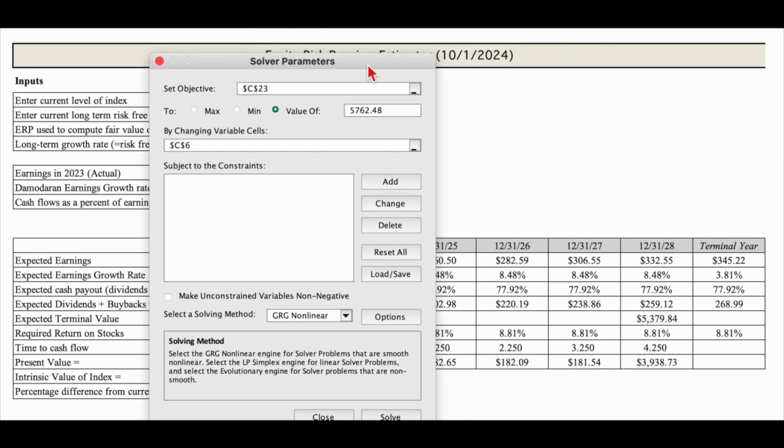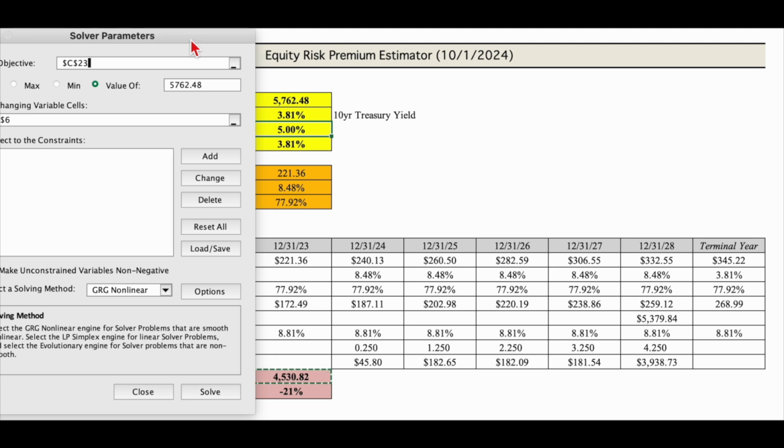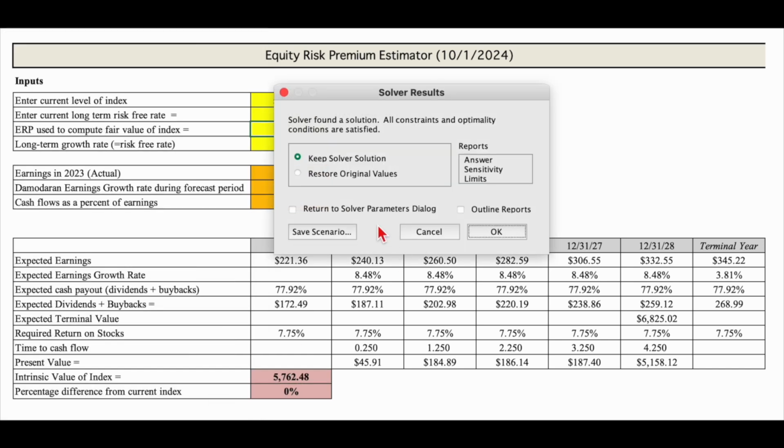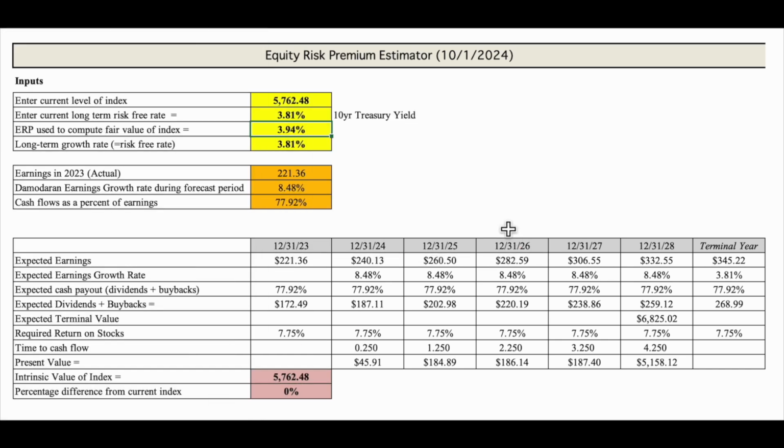Here's the solver. Let me move it over here so we can see everything. I want to set the objective cell C23, the fundamental value, equal to 57.6248, the current index, by changing the equity risk premium. So let's do that. Solve. And okay, let's keep it.